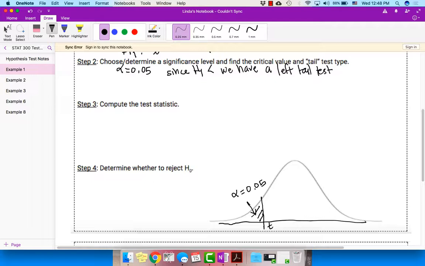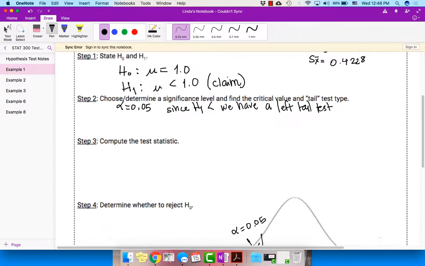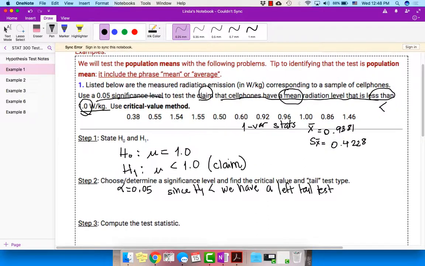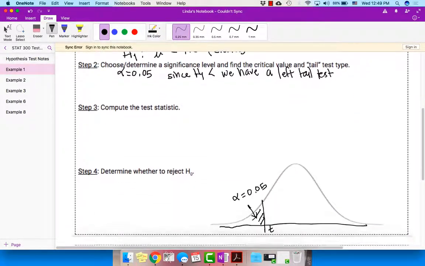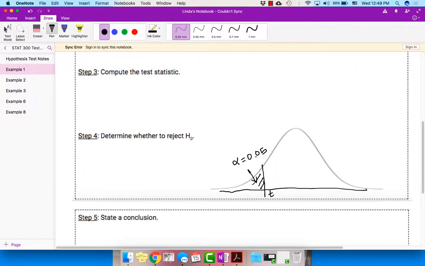Because if you look at the problem here, we do not know the population standard deviation. Okay, we have to find the sample standard deviation here, which is 0.4228. So since we don't know the population standard deviation, we are going to use the t-test.